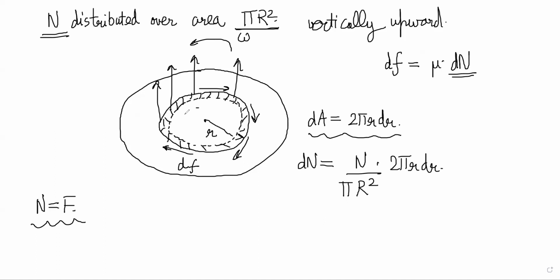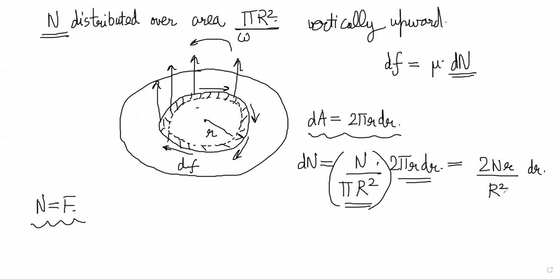This is normal force only on this ring. We are calculating it by saying N by pi R square, which is the normal force per unit area, multiplied by the area of the ring. This comes out to be 2N r by capital R square dr, right?